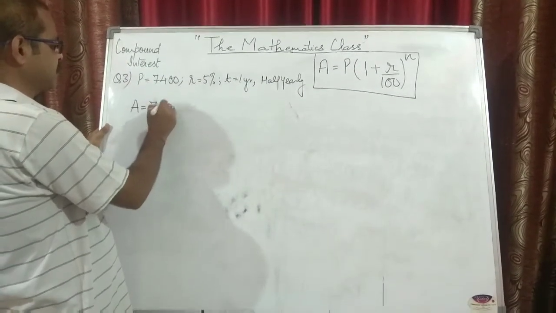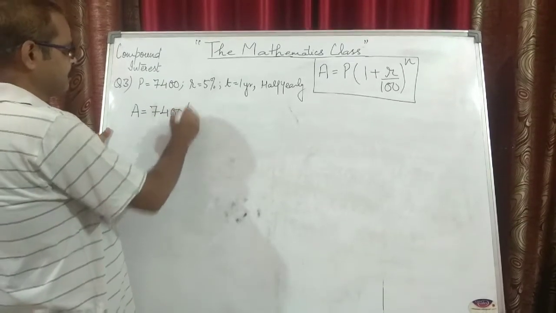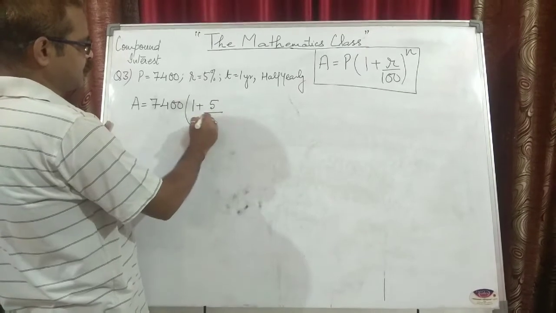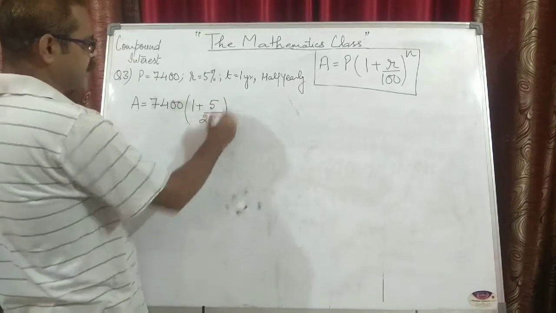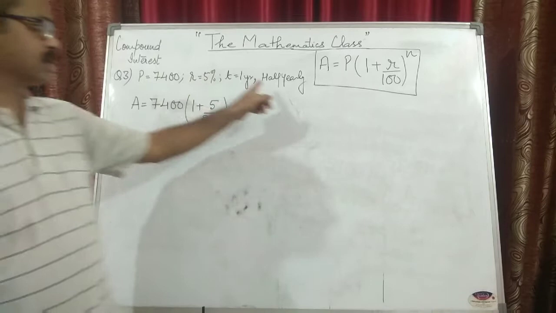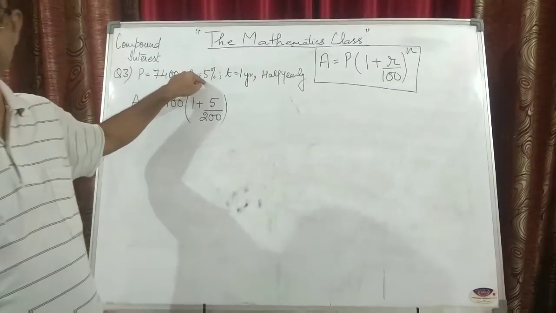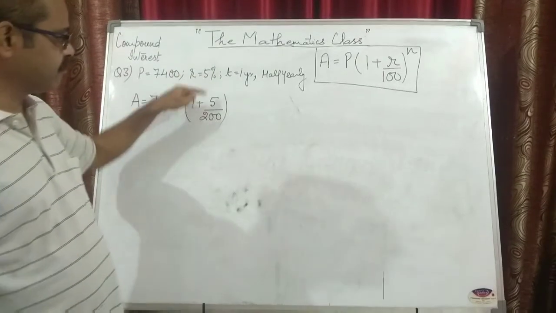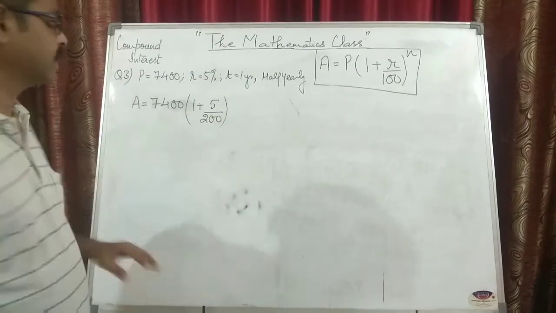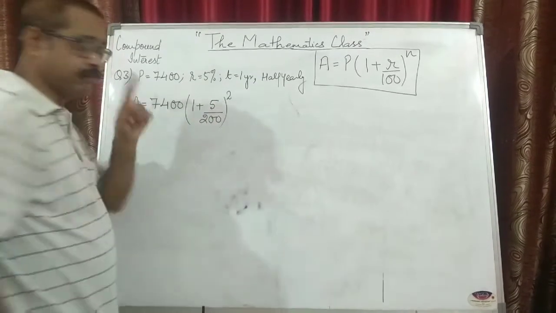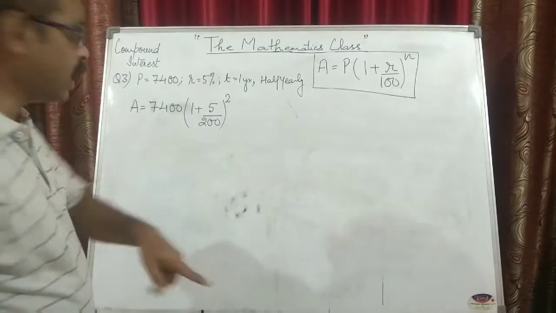So I am writing directly. P is 7,400, 1 plus 5 upon 200. Why 200? Because interest is compounded half yearly, so rate will become half of what it is. It is 5, so now it will become 5 upon 2, or simply 5 upon 200. Time is 1 year, so it will become 2 half years, because in 1 year there are 2 half years.